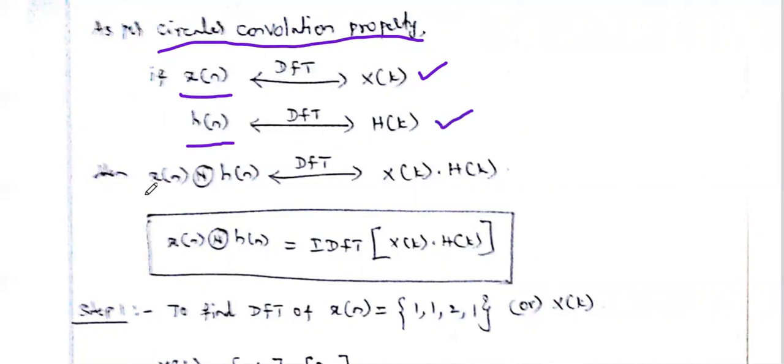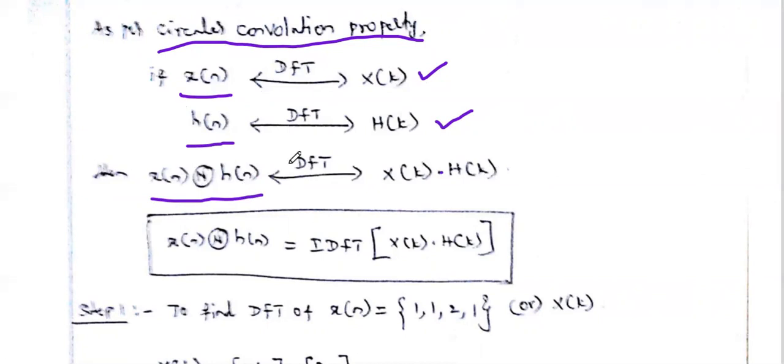Then the DFT of the circular convolution of x of n with h of n is equivalent to the multiplication of the individual DFT answers, that is, X of k multiplied with H of k. So using this property, we are going to find the answer for x of n circular convolution with h of n.